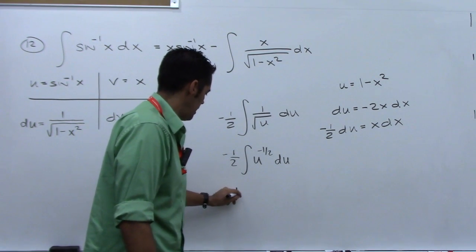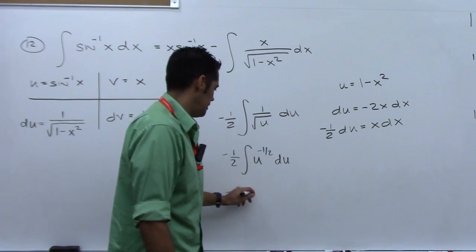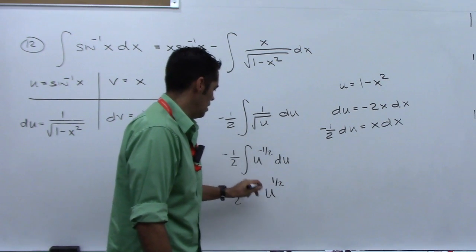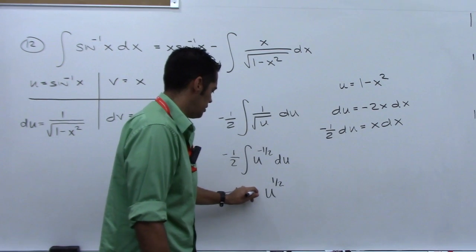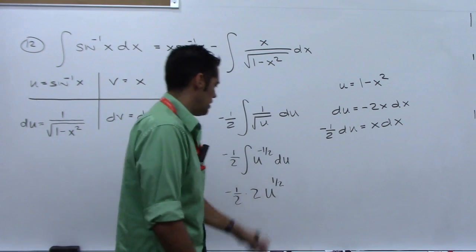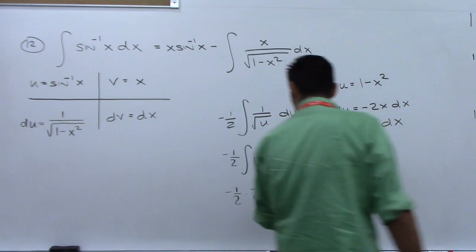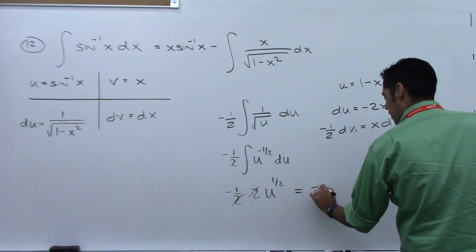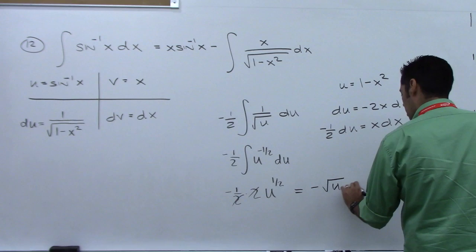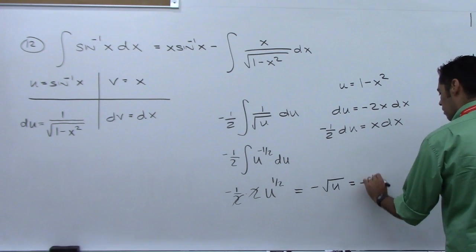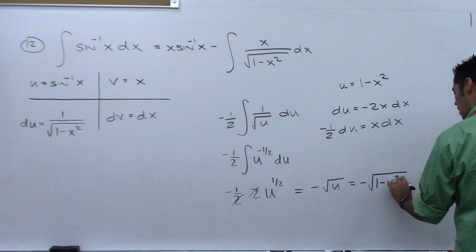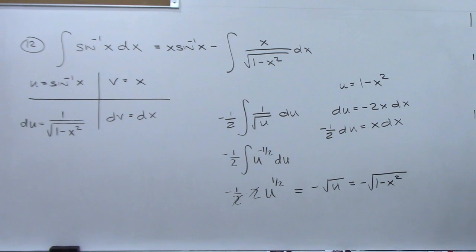So I have negative 1/2, and then I'm going to leave a space. u to the, I add 1 to that, I get 1/2. 1 over 1/2 in front is a 2. And then I'll have a constant. But this is going to be just equal to, the 2's cancel, negative square root of u, which for me is negative square root of 1 minus x squared.